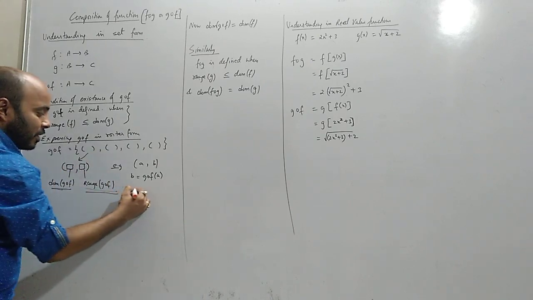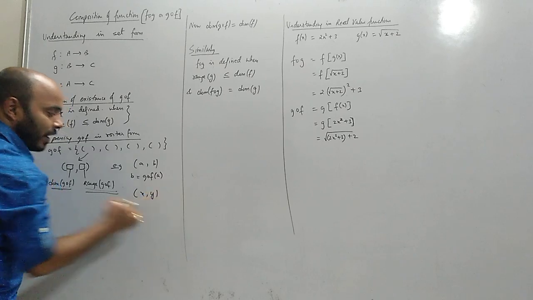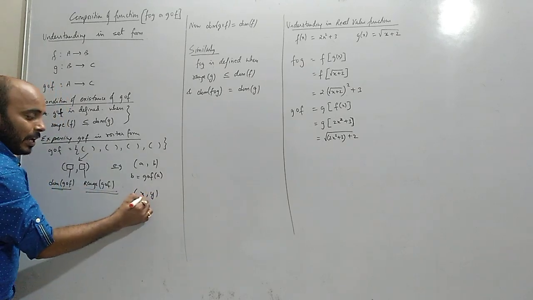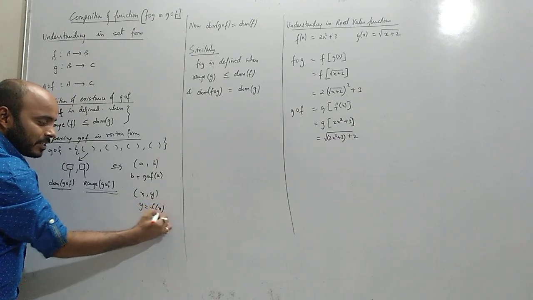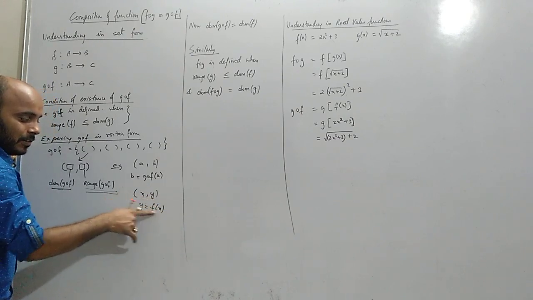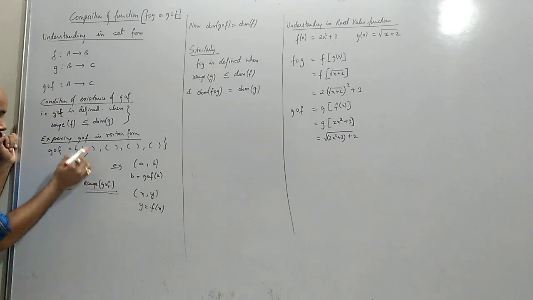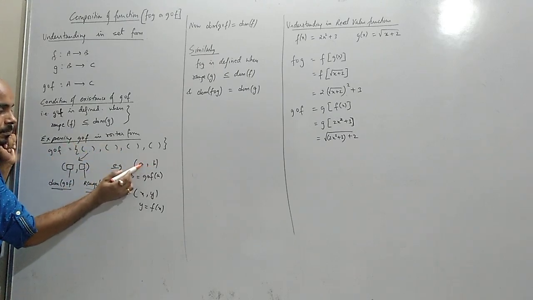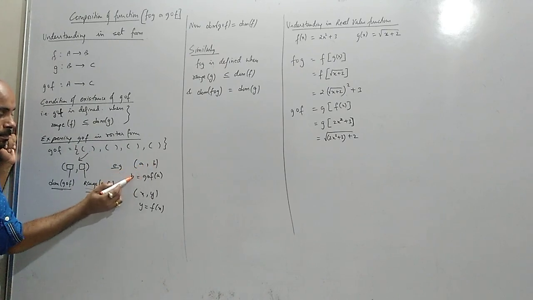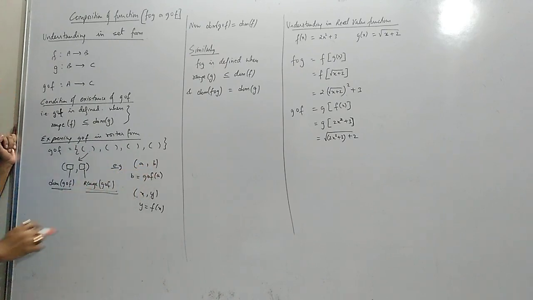In a normal function, we write it like this: x comma y, where x is the domain and y is the range, and we write y is f of x because they are functions of each other. Similarly, for GOF, if one of the ordered pairs is a comma b, then b is GOF of a.